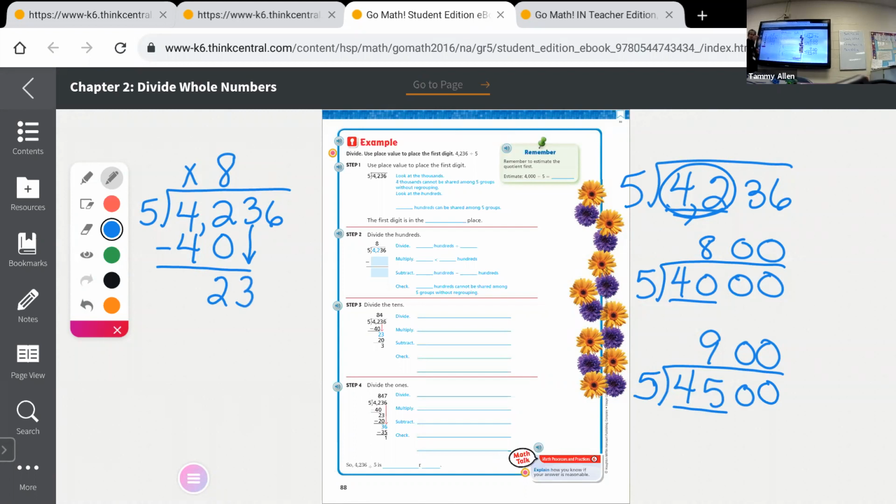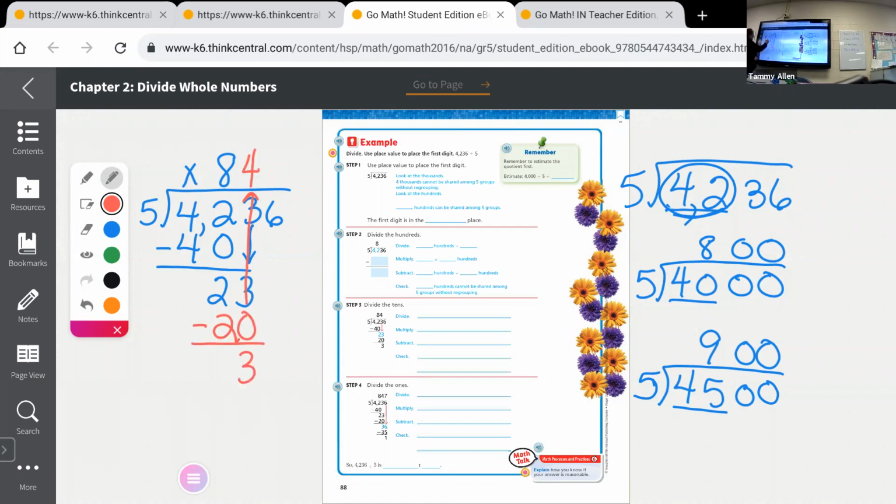I need you taking notes, everybody. 5 goes into 23. How many times? I need everyone taking notes. 20, so 4 times. So our 4 goes right above this. Does everybody understand that? I subtract, I get 3.